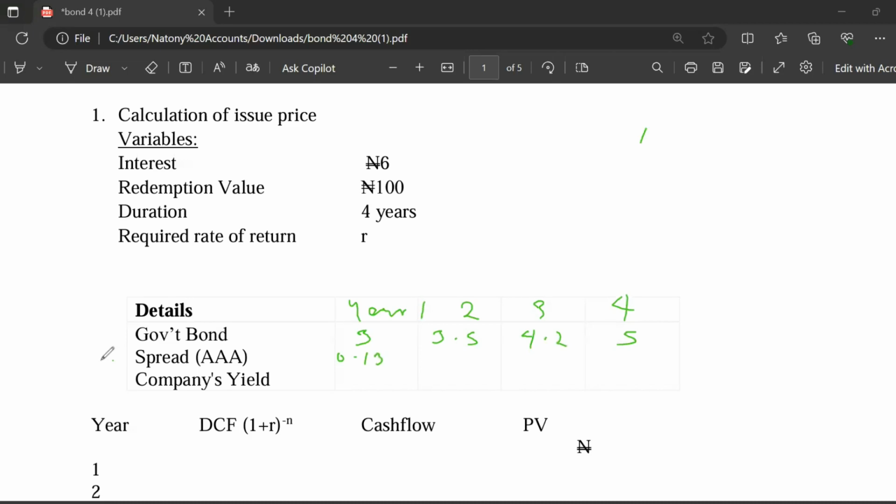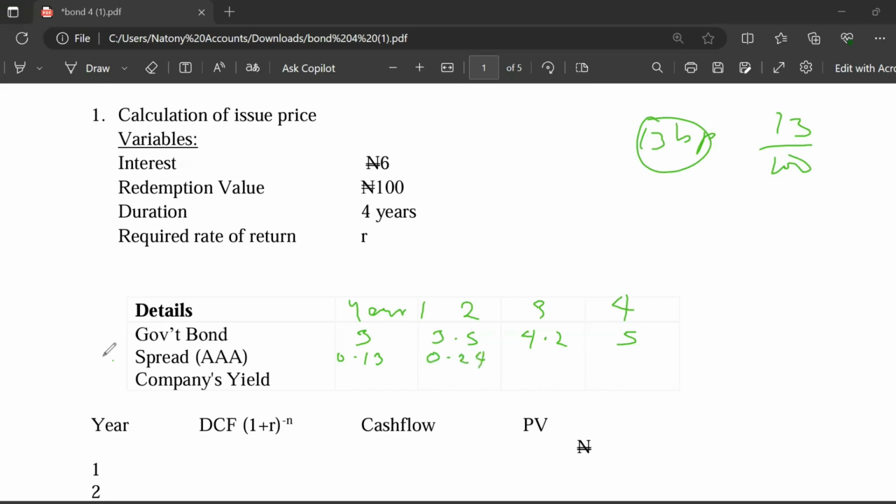So if you have 13 basis points, to convert it to percentage, you divide it by 100. So to convert your basis point to percentage, you always divide by 100. If I divide 13 by 100, it will give me 0.13. For the second year, it's 24 basis points, which will give 0.24.